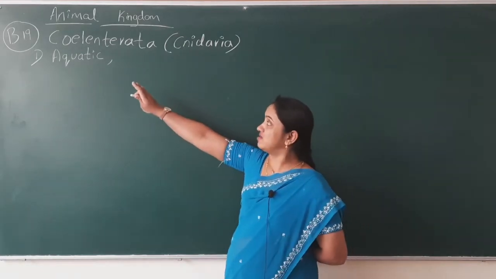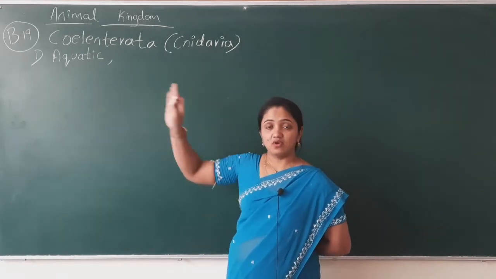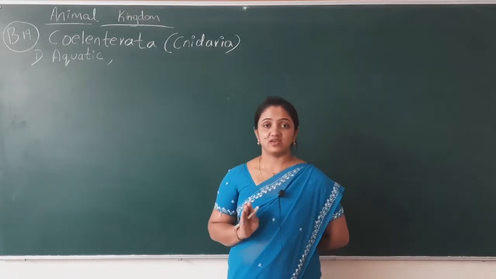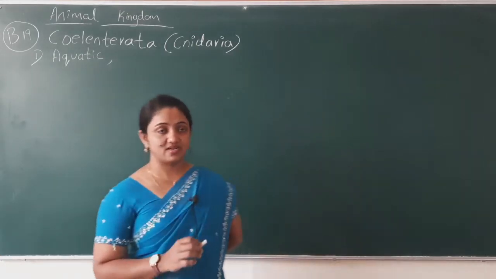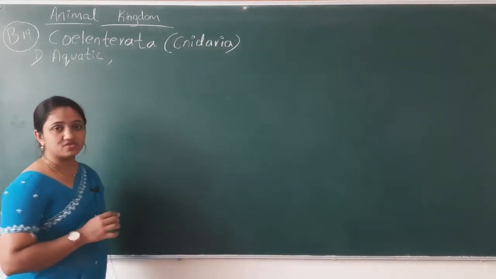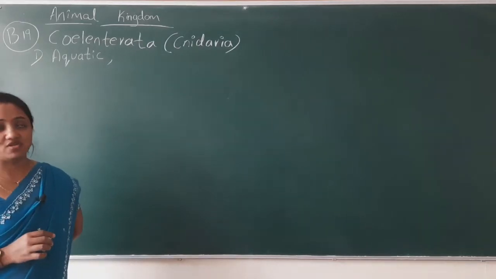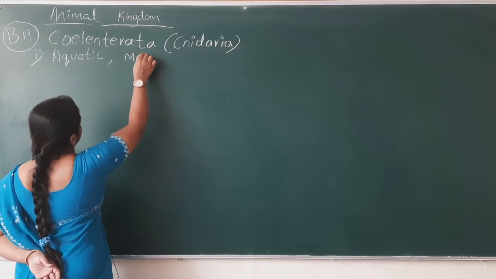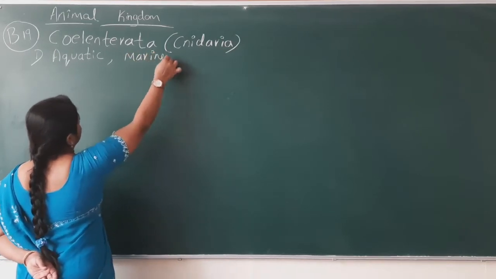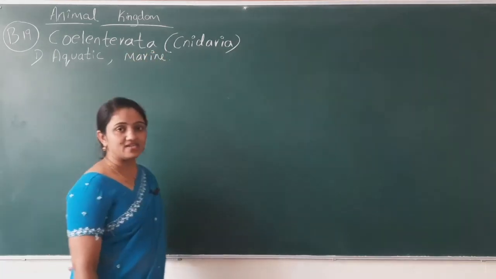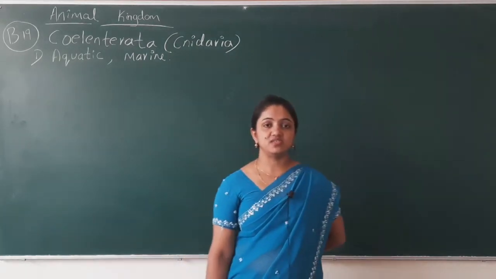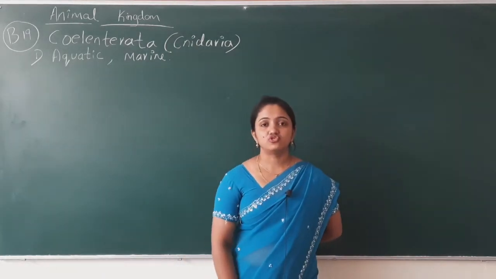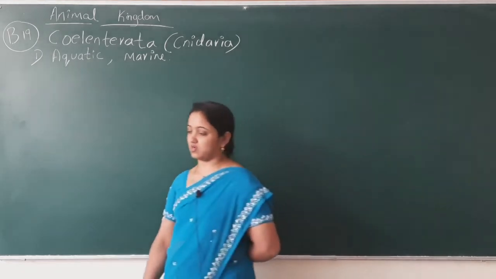If we use only the word aquatic, there may be confusion, so I'll write the exact location where they live, that is marine form. They are marine forms. It means they live in oceans, sea water.